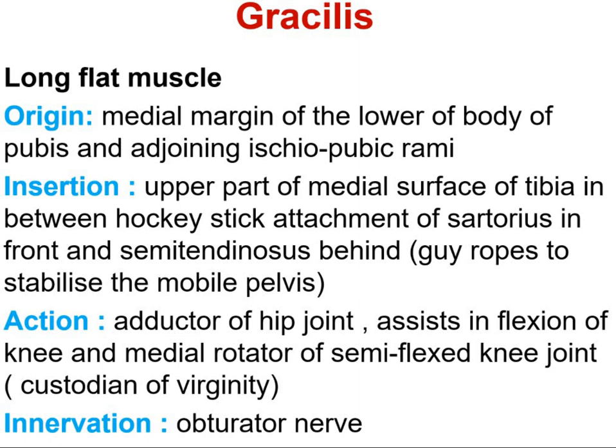Okay, so then we have the action. So adductor of hip joint, obviously, it is in the medial compartment, so it will do adduction. Then assists in flexion of knee and medial rotator of semi-flexed knee. Okay, so it is also known as custodian of virginity because it is helping in flexion of knee, adducting the hip joint and medially rotating the semi-flexed knee.